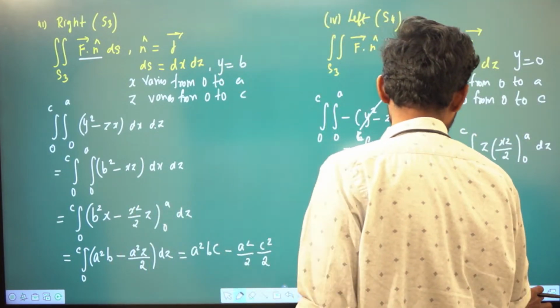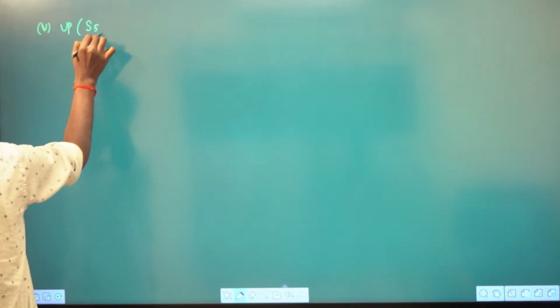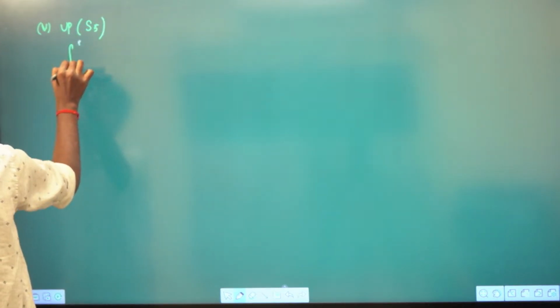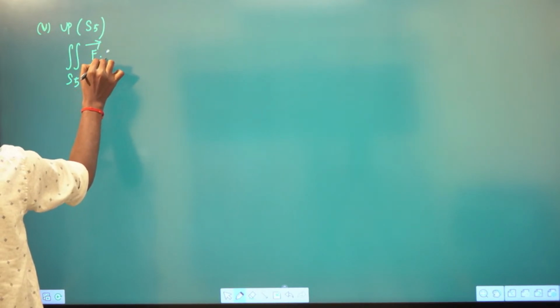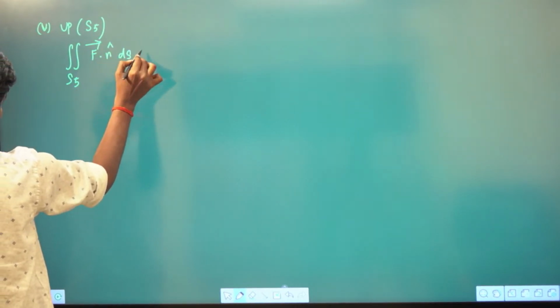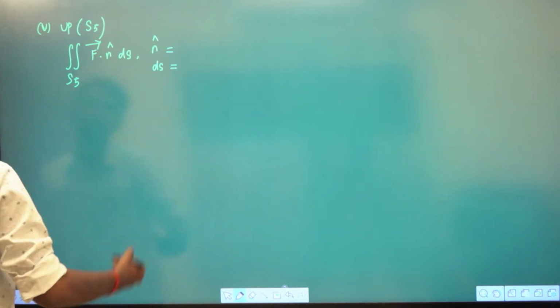Now we will move on to up and down. So for up surface, that is S5, we need to find double integral over S5 F vector dot n cap ds. We need to find n cap, we need to find ds, and we need to find limits also.